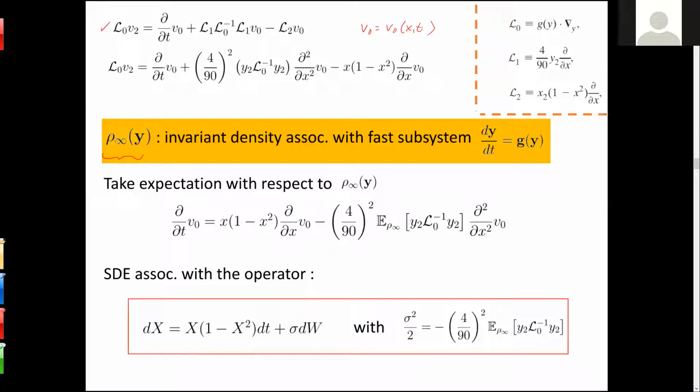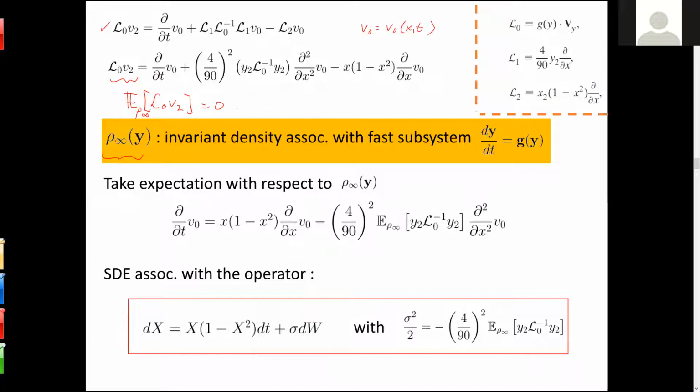So if you take the expectation, or integrate this with respect to the invariant density, the left side becomes 0. The expectation of L0 V2 with respect to the density is 0.